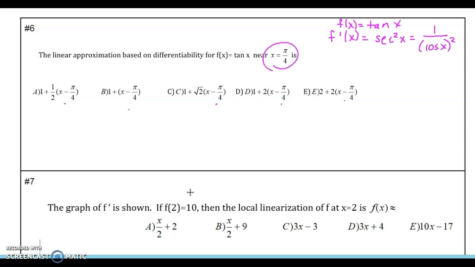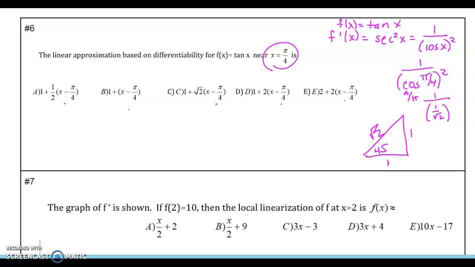And we're plugging in pi over 4. Okay, so you have to remember pi over 4 is a 45-degree angle, 1, 1, root 2. Cosine is adjacent over hypotenuse, so 1 over root 2. So 1 over root 2, and I'm not going to rationalize this because we're going to square it anyway. So 1 over 1 squared is 1, root 2 squared is 2, 1 over 2, multiply the reciprocal, is 1 times 2 over 1, which is 2.